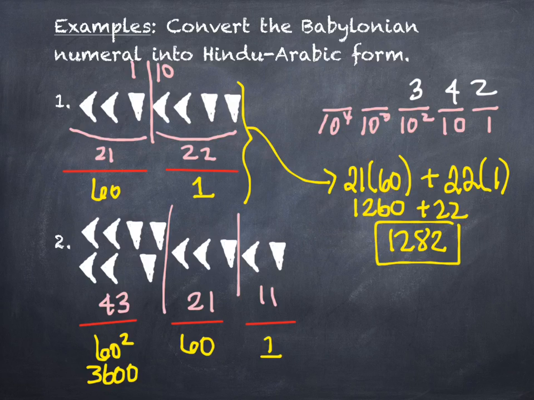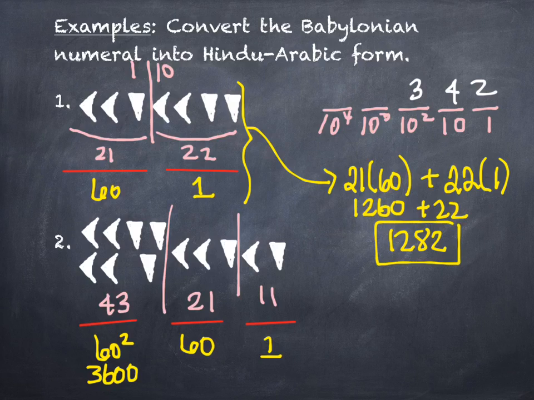So again, let's try thinking about it with currency, because currency kind of is an easy connection for us. Because I don't know about you, but money's a good thing, right? Yeah, it is. Okay. So I have 11 $1 bills. I have 21 $60 bills. And I have 43 $3,600 bills. I know, that would be a funny bill. Okay? But that's what I've got.